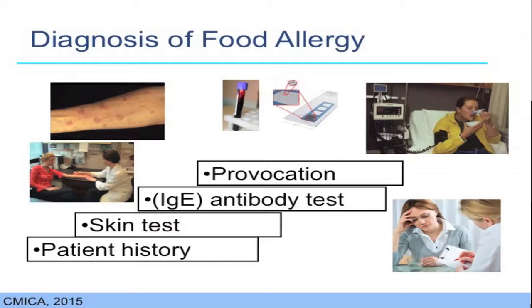You take the blood and you detect the IgE antibodies in your serum. And then, of course, the gold standard is the provocation, either in an open form or in a double-blind placebo-controlled food challenge. So, having said this, the IgE testing is part of the game.